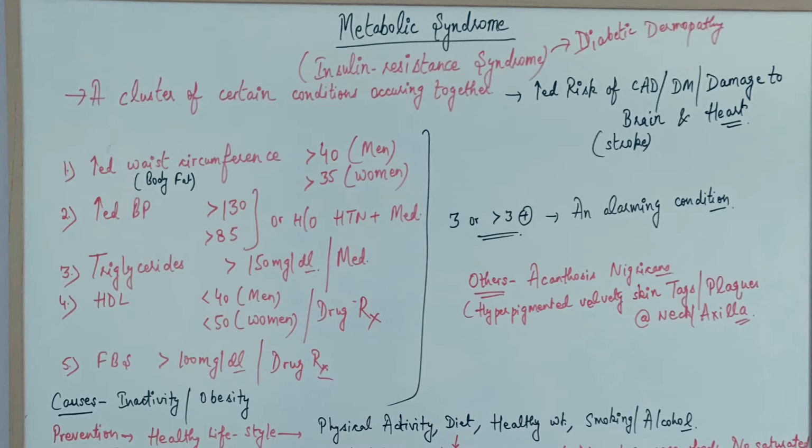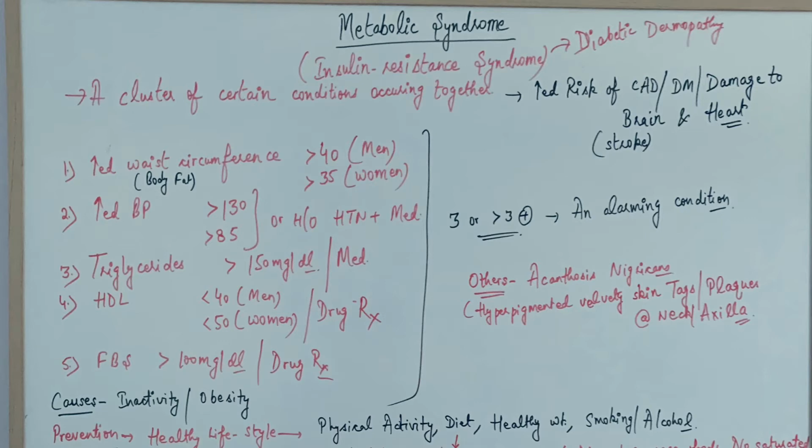In metabolic syndrome, a cluster of conditions occur together, and it further increases the risk of cardiovascular diseases, or the risk of developing type 2 diabetes mellitus, and these are damaging conditions to both brain and heart because they can lead to stroke or even cardiac arrest. So these are very critical conditions and we should know these conditions. So let's begin with that.